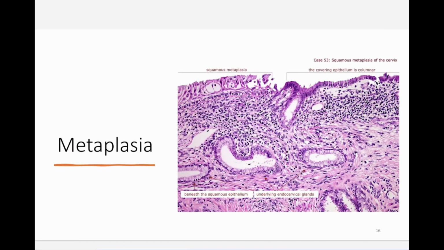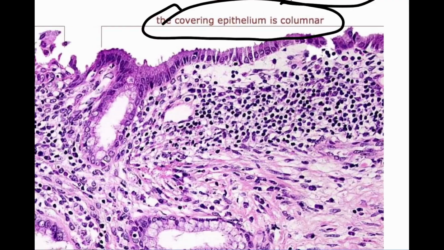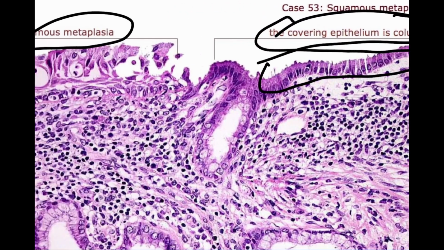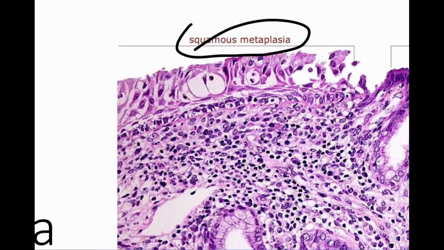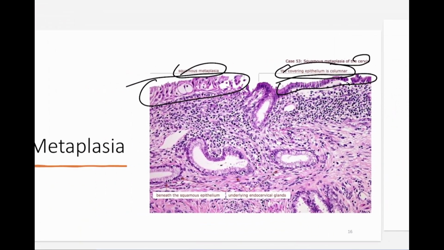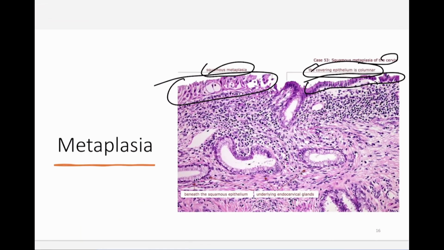So here is squamous metaplasia of the cervix. So you can see the squamous metaplasia there, but the covering is columnar. So if you look at the way that this looks, okay, these cells, now look at it, the same border over here. Okay, so there's your metaplasia.